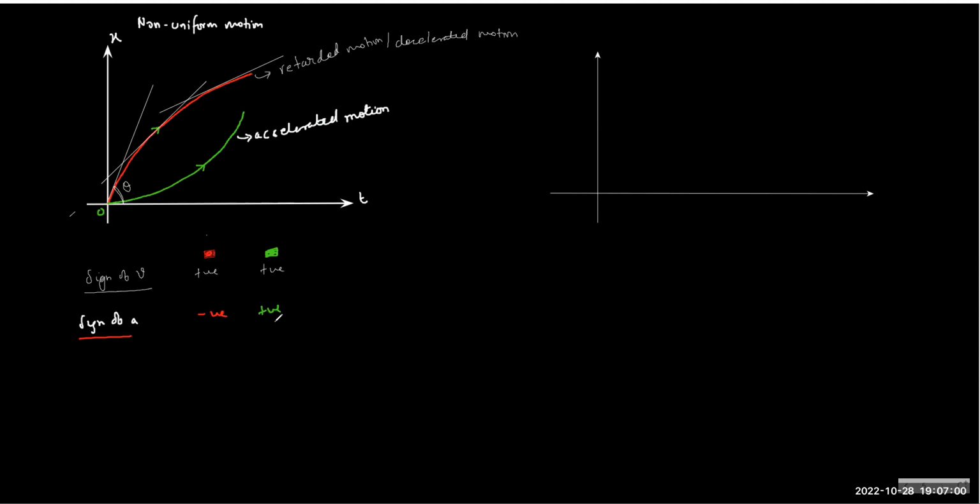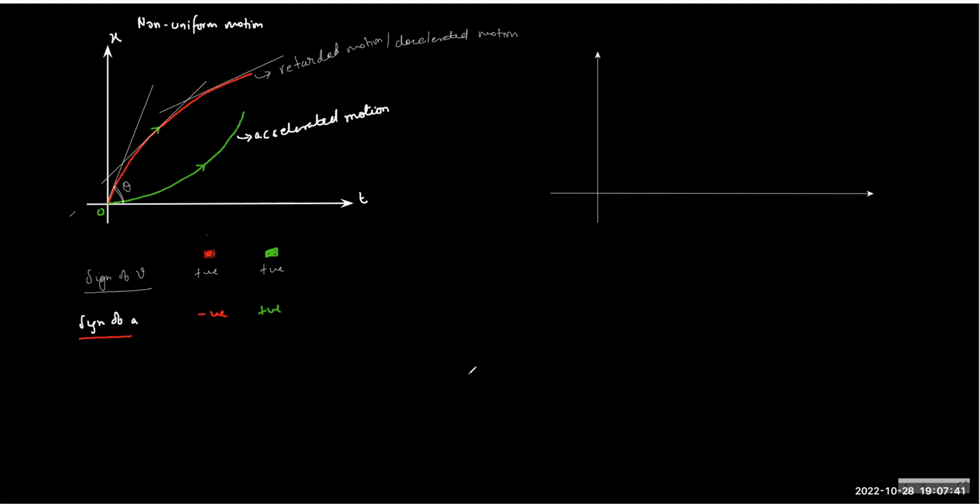So we increase the time, find the two velocities, and take the difference. In the case of the red line, as you progress, the slope will decrease. So as the slope decreases, the velocity decreases in magnitude, yes or no? Yes, sir. So the difference will be negative.